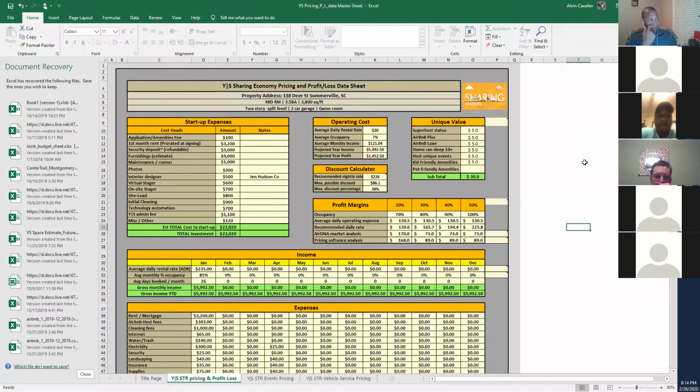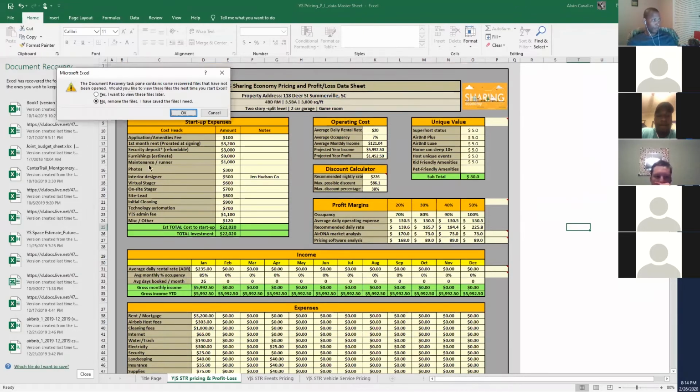So from the top, just a simple overview. The data sheet is all encompassing in terms of what it's supposed to provide for you.